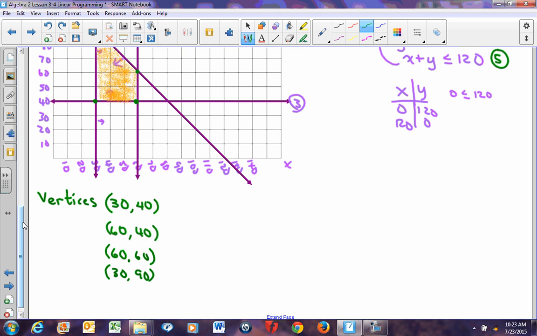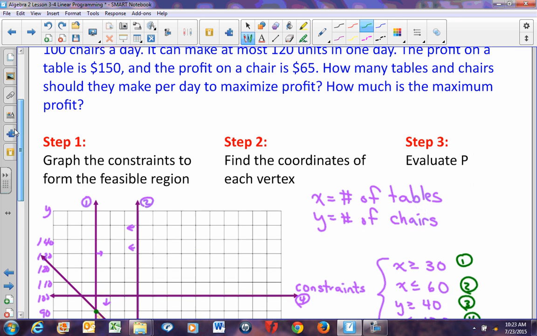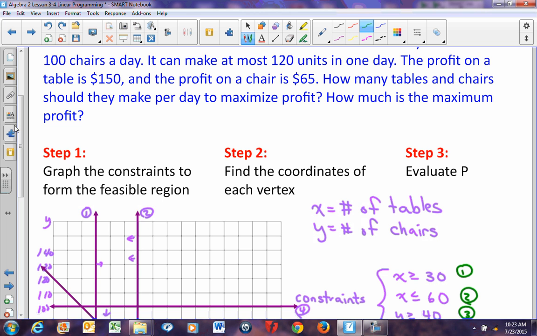Now, if you remember, I have to get my objective function, which I haven't written yet. I wrote my constraints, but notice I never wrote my objective function. So let's go back up to this problem. The objective function is how much profit they make on their furniture. So the profit on a table is 150, and the profit on a chair is 65.